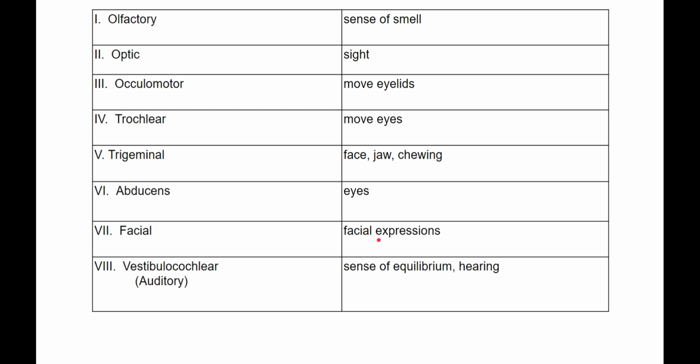Facial nerve, it's obviously facial expressions. Vestibulocochlear, which we haven't really talked about. You think of a cochlear implant, that has to do with hearing. Then your sense of equilibrium is all kept in the ear, more or less. So a sense of equilibrium and hearing is associated with the vestibulocochlear nerve.